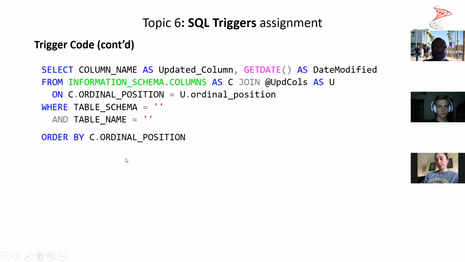And the order by this ordinal position will tell you exactly what record or what column was changed in the table. So all this trigger is going to do is capture the date and the column, including the schema, that were changed, that were updated in that person-by-person table.